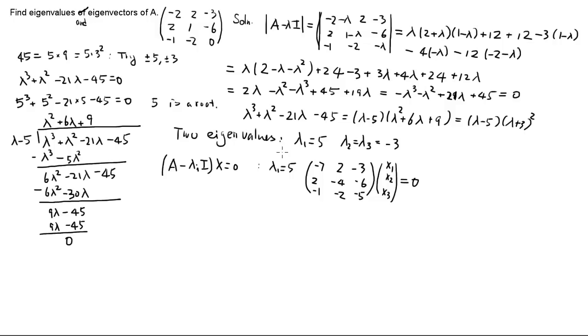Now we know how to solve a linear system, so we use the row echelon form of this coefficient matrix. So we look at this one over here. Now we have negative 7, 2, negative 3, and 2, negative 4, negative 6, and negative 1, negative 2, negative 5.